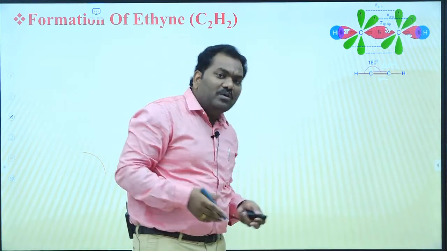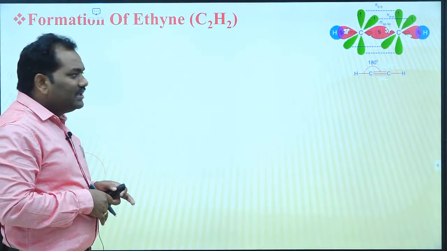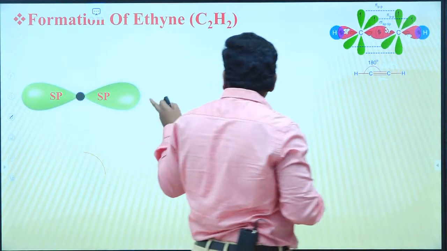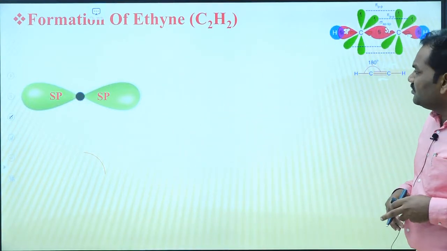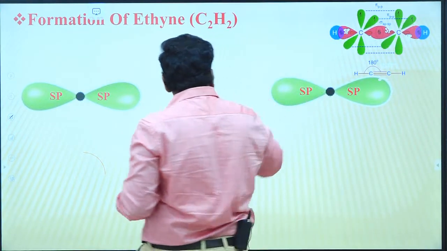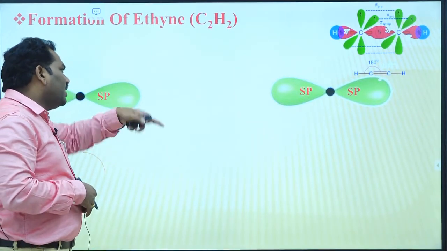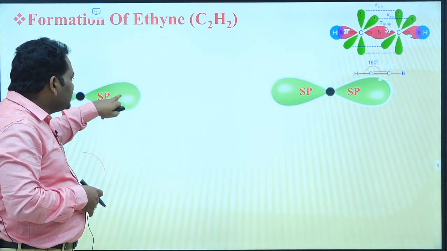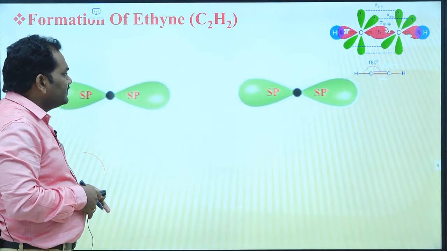Now I explain how that hybridization takes place. First of all, these are the sp hybridized orbitals of one carbon, and these are the sp hybridized orbitals of another carbon. After forming these sp hybridized orbitals, one sp hybridized orbital overlaps with another sp hybridized orbital like this.